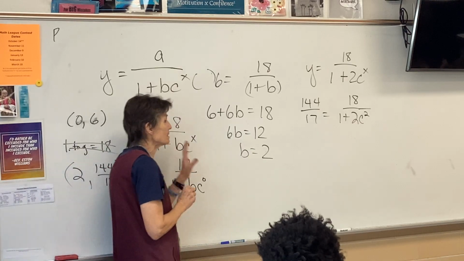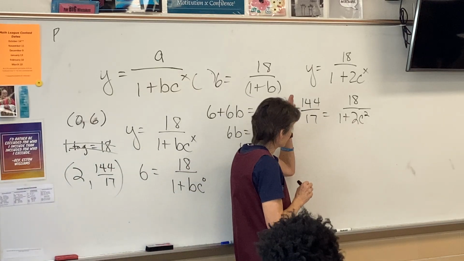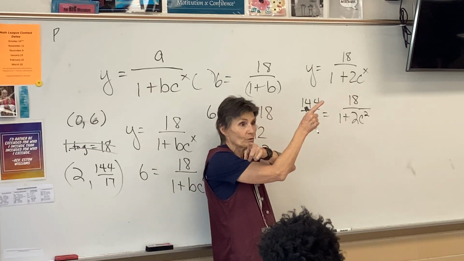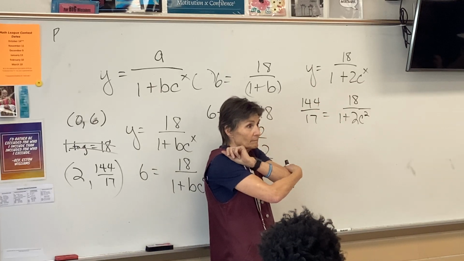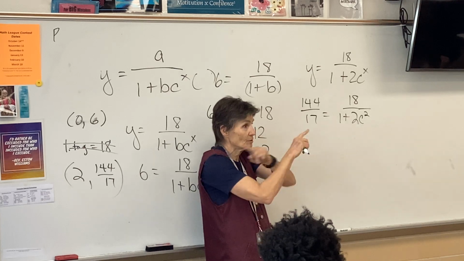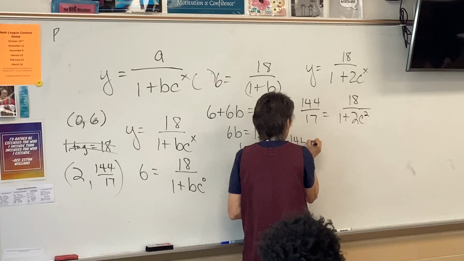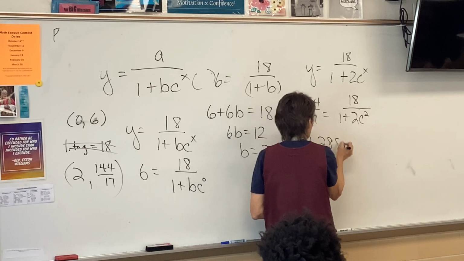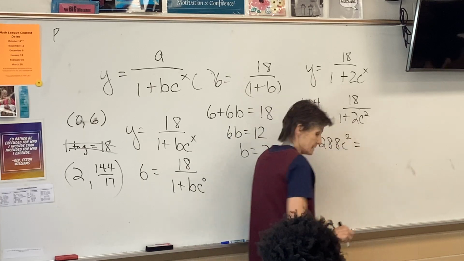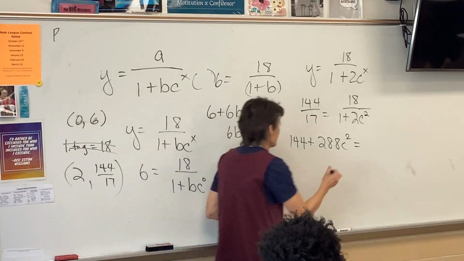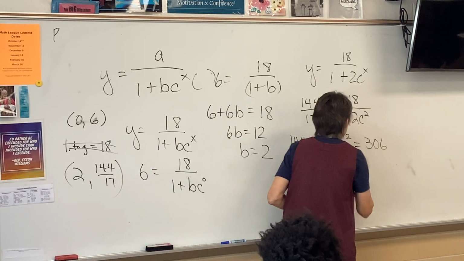Now given that this is a fraction and this is a fraction, I think I'm just going to cross multiply. Does that make sense to you? So I'm gonna have 144 plus 288C squared equal to 306, 17 times 18.